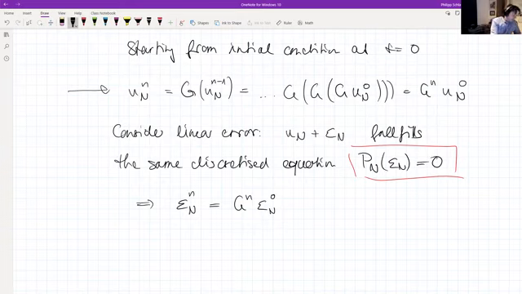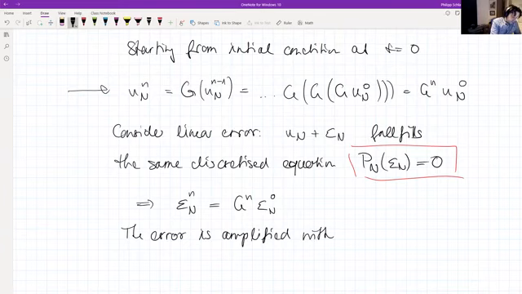Yeah, what does that mean? Well, it means that the error is amplified with the same operator, G, as the solution is amplified.